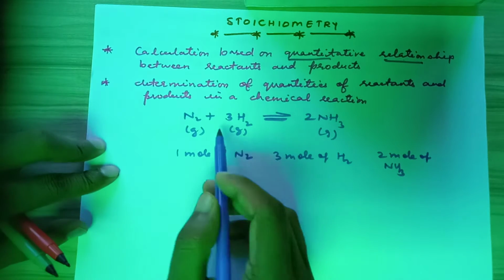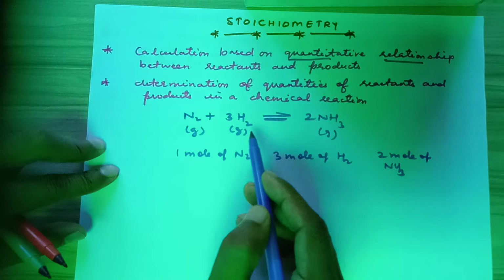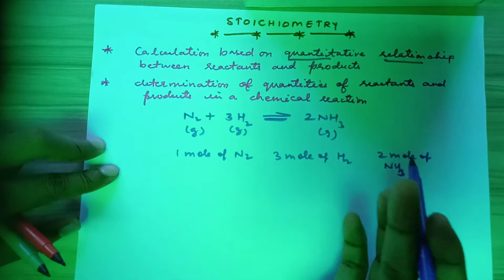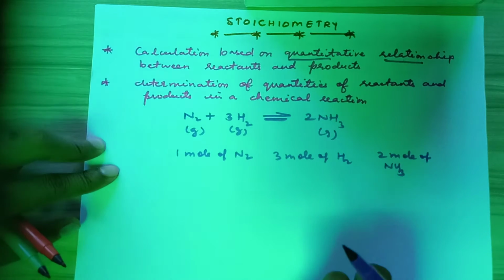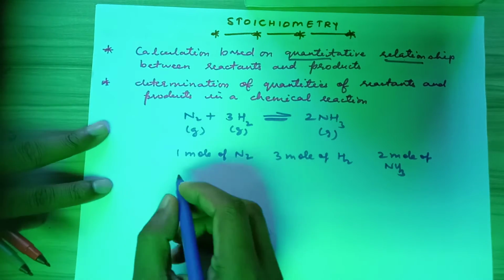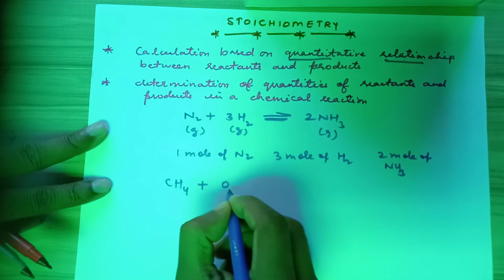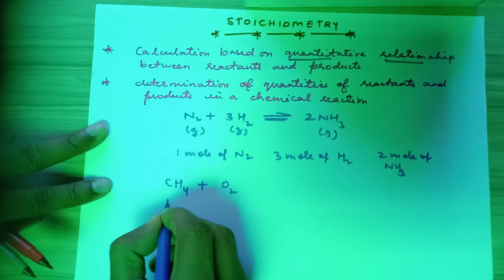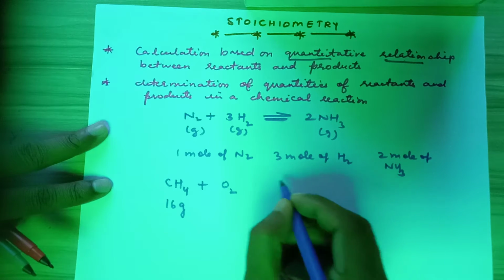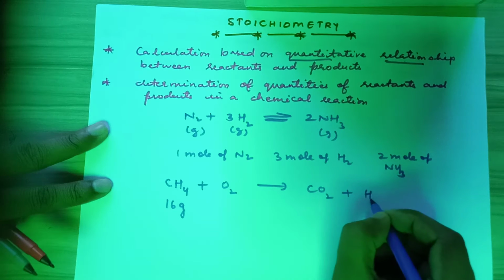Now one of the amounts in the given equation will be given and we have to find the other part which is asked in the question. Suppose we are given an equation that methane is 16 gram, that 16 gram of methane reacts with oxygen, that is dioxygen, then it will give CO2 and H2O.